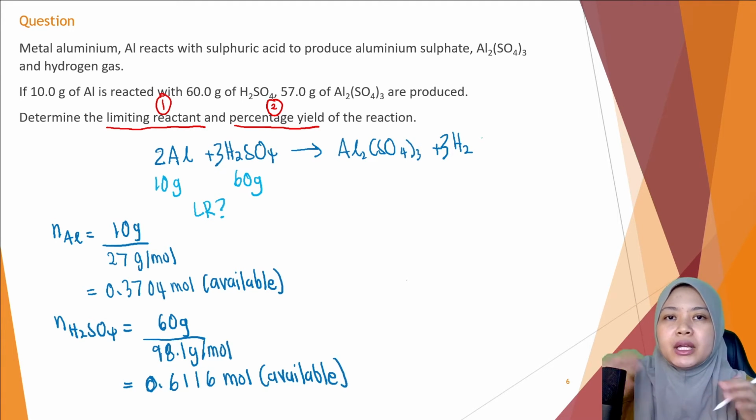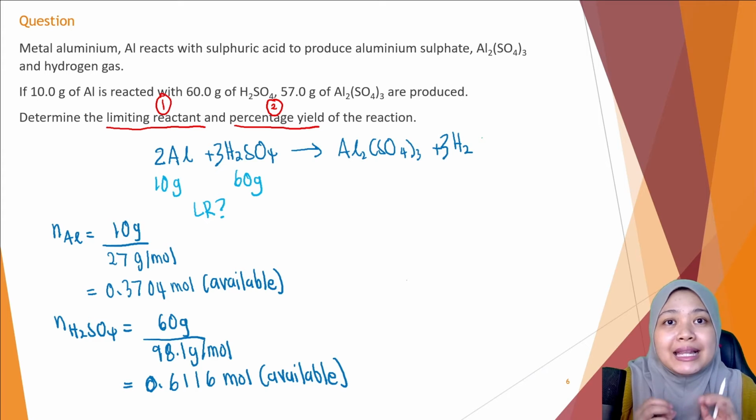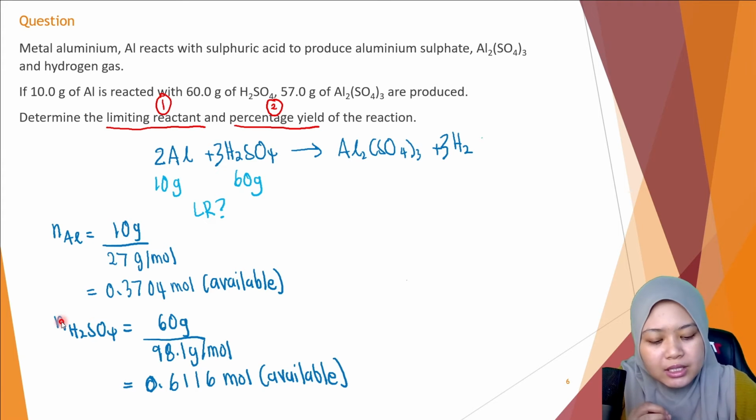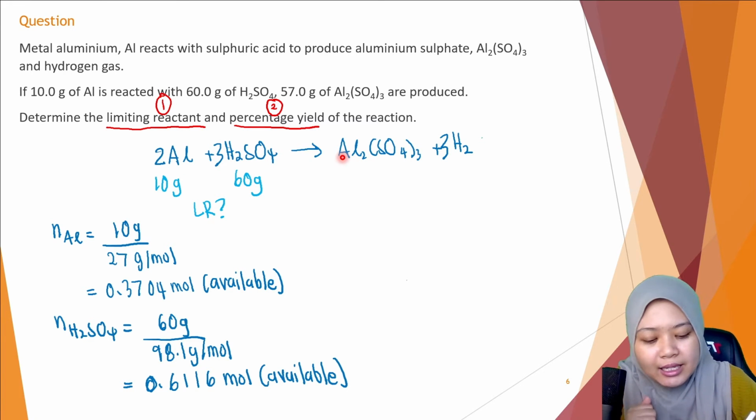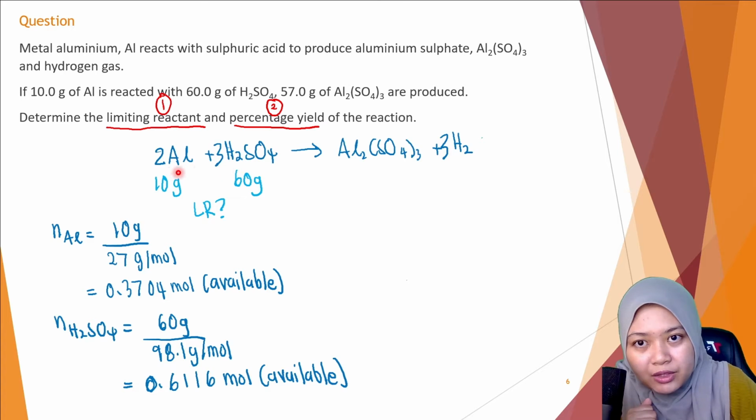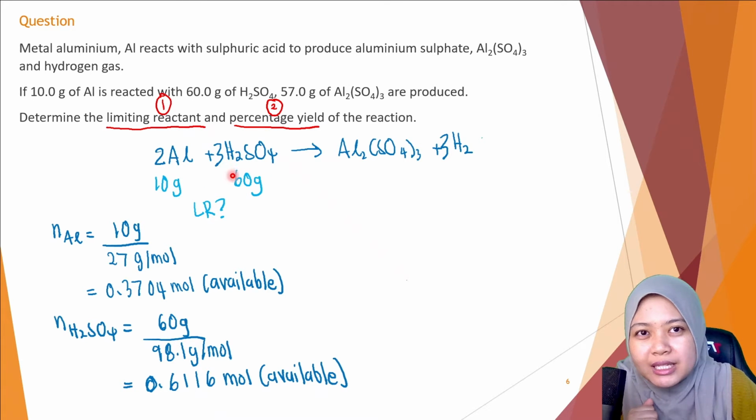Then you make a stoichiometry. Stoichiometry means you compare the mole ratio based on the balanced chemical equation. So this is the balanced chemical equation. Stoichiometry tu, that means you bandingkan mana-mana ratio lah. In this case, you kena buat stoichiometry between these 2 reactants, sebab you nak identify which one is the limiting reactant.